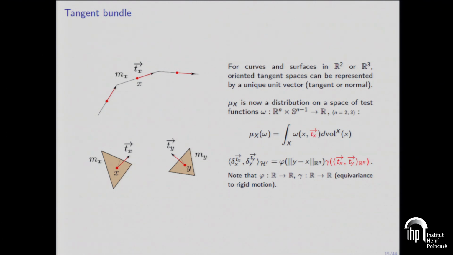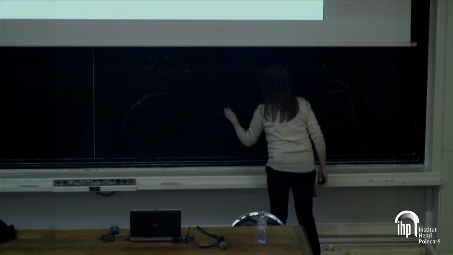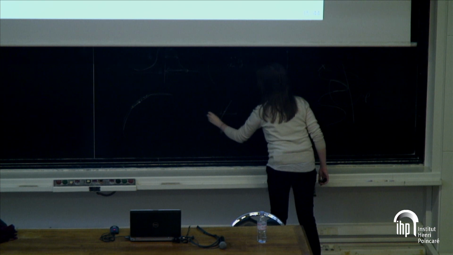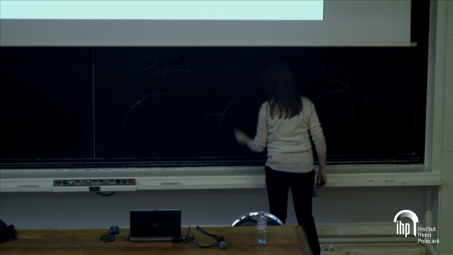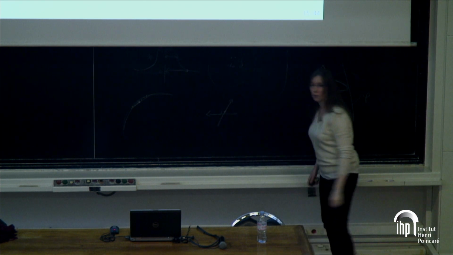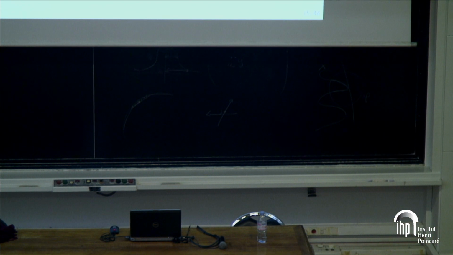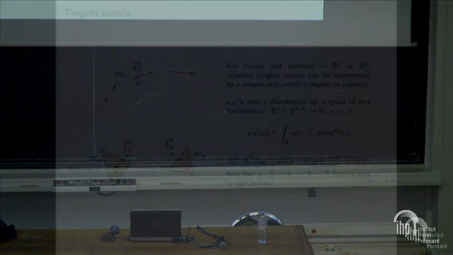So, for example, if you have 2 faces, let's say for a curve, that are almost centered on each other, but have strongly divergent tangent vectors, then the scalar product will be close to 0. And you will have no interaction between those points.